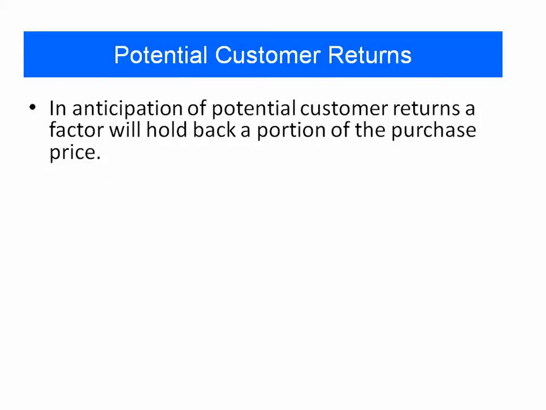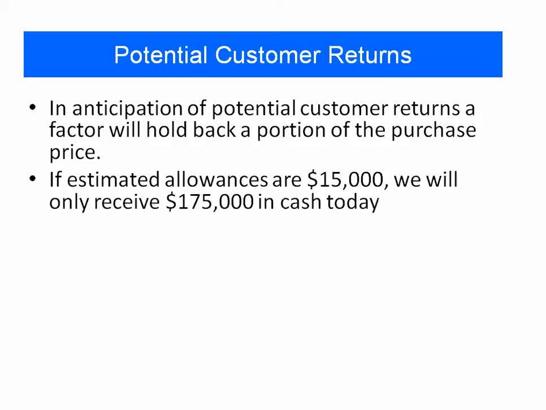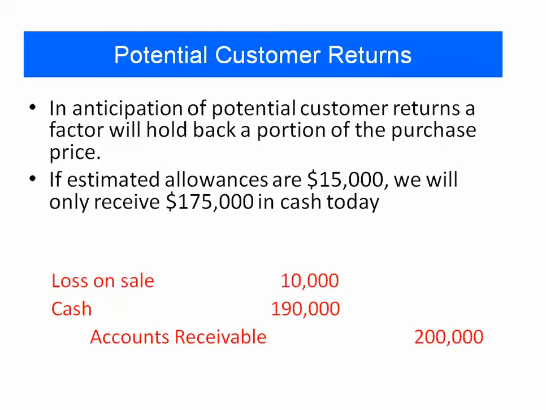In anticipation of potential customer returns, a factor will hold back a portion of the purchase price. If estimated allowances are, say, $15,000, in other words, we expect $15,000 in customer returns, the merchant will only receive $175,000 in cash today. Our original journal entry showed the receipt of $190,000 in cash, but now we will only receive $175,000.